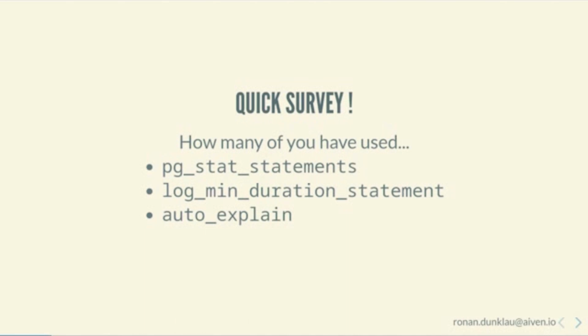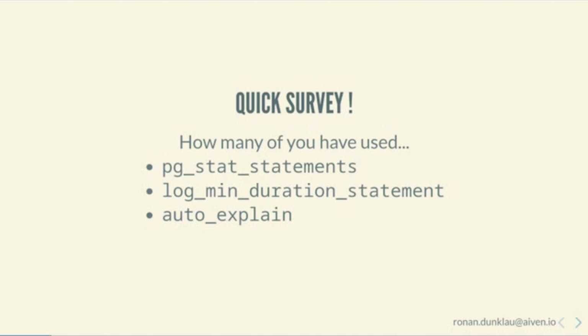In addition to that, we also have auto_explain. Auto_explain works with the same concept as tuning log_min_duration_statement. We will just ask Postgres to log lots of things. So how many of you have used auto_explain? Yeah. Basically the idea is that we ask Postgres to log every single execution plan if the query took more than a certain amount of time.